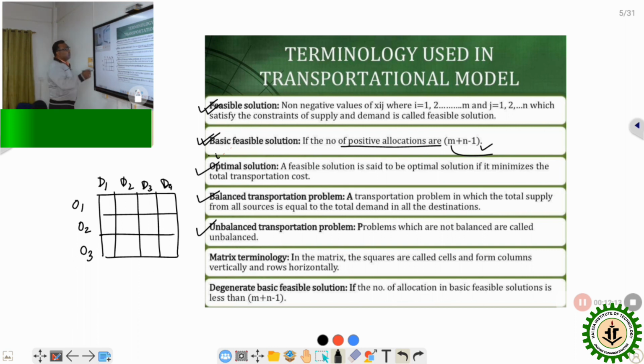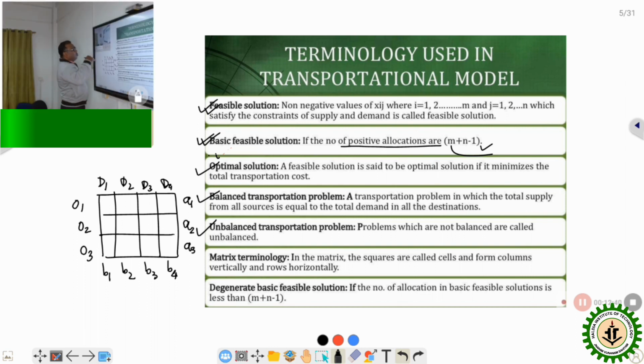Here we write down the available amounts A1, A2, A3, and the demands B1, B2, B3, B4.